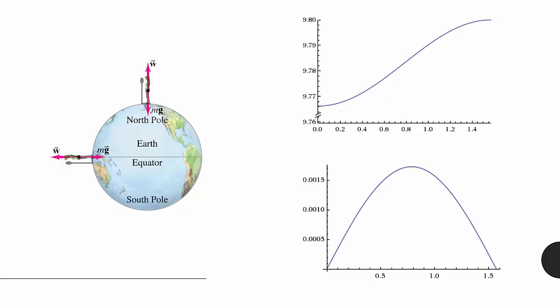So gravity will equal 9.8 there. But here, you need a net force inward. And so what happens, gravity can't change, but the normal force pushing you up actually shrinks a little bit, so you get a net inward force. So on the equator, gravity is slightly less than it is on the poles. You're going to have a bonus problem where you can calculate this.